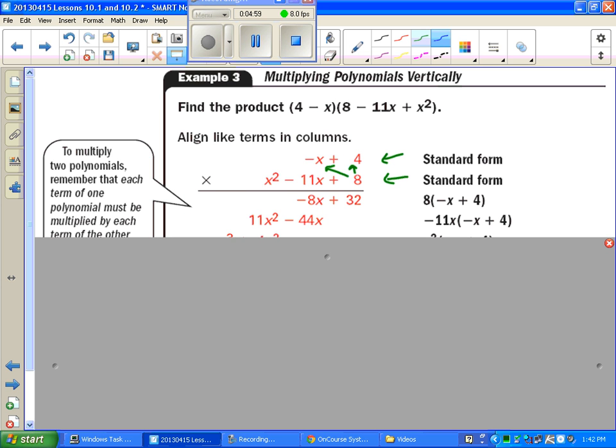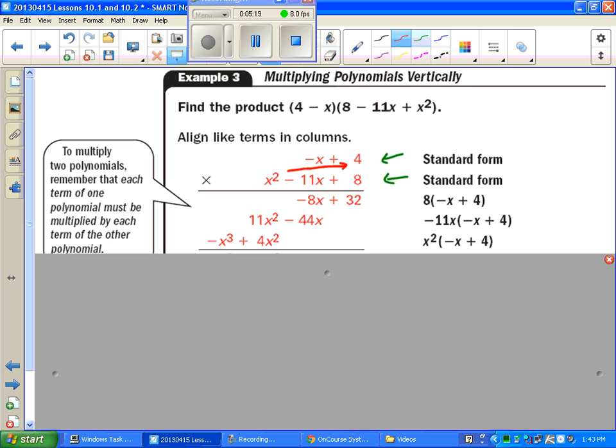Negative 11x times 4 is negative 44x, and negative 11x times negative x is a positive 11x squared, because you multiply x times x. The last one is to multiply x squared times both things. x squared times 4 is 4x squared, and x squared times negative x is negative x to the third power, because you add 2 plus 1.